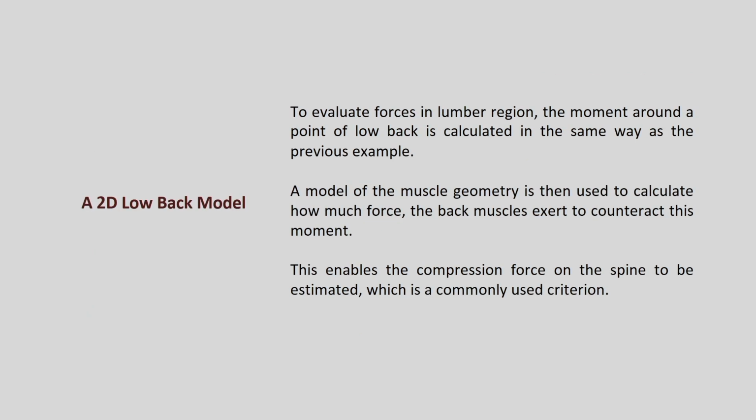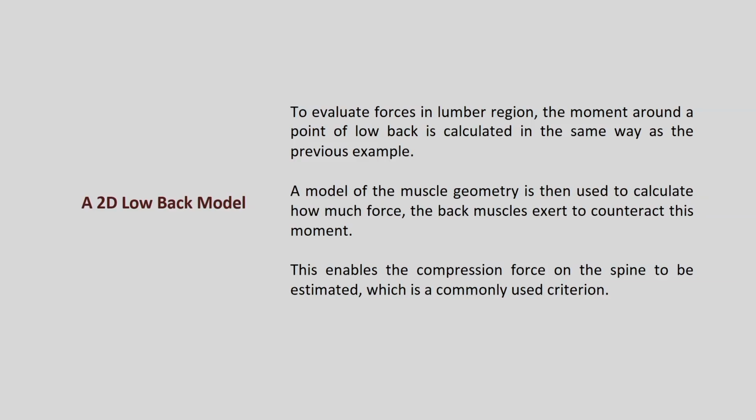Now, let us understand the 2D model of the low back, the 2D low back model. It is used to evaluate the forces in the lumbar region. In the whole back, this lumbar region is more susceptible, so we call it the low back. So, we need to understand the lumbar region forces.